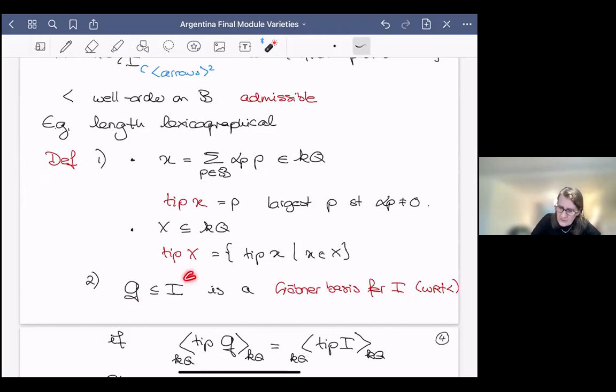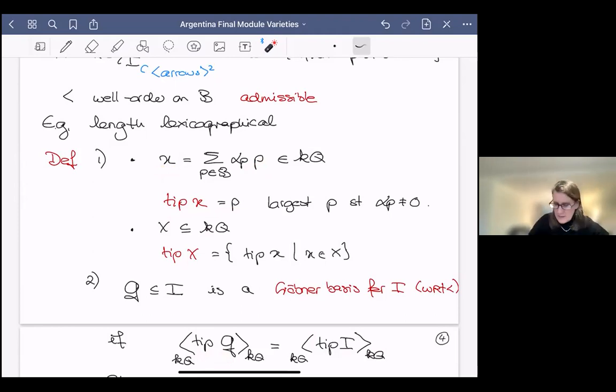And on the other hand, I also sits inside KQ. So every element in I is going to be a linear combination of elements in KQ, and we pick out the greatest ones there. Then we look at the two-sided ideal generated by the tips of G and compare it with the two-sided ideal generated by the tips of I. If those two ideals are equal, then G is a Gröbner basis for I. What I would like you to notice is that these are now only paths, because while x is a linear combination of paths, the tip is just one of the paths.